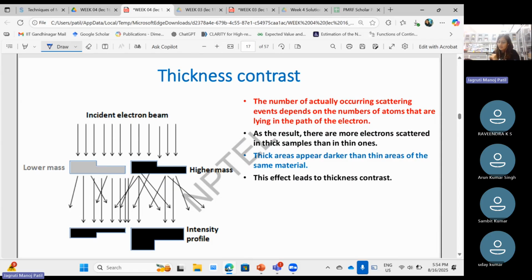So those areas will appear darker, higher in mass or greater in thickness, whereas the ones of lesser thickness will appear lighter. Okay, so more electrons are scattered in thicker samples than in the thin ones. So thick areas will appear darker. This is due to thicker samples and this is due to thinner samples.